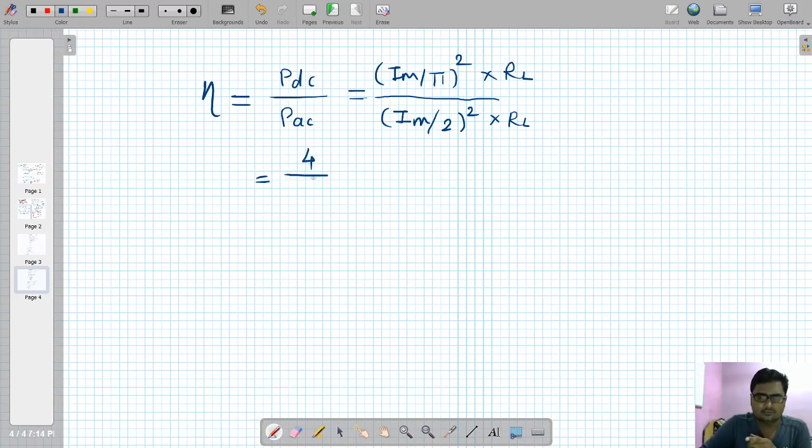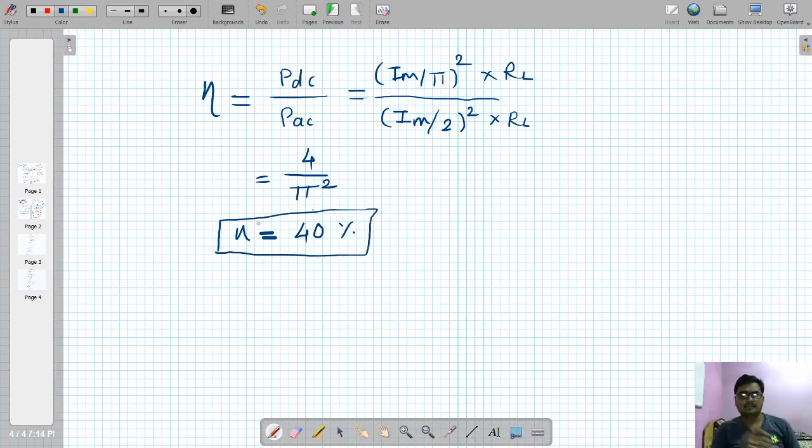2 square is equal to 4, so it is 4 divided by pi square. If you use your calculator and put the value of pi, you will get 0.4.